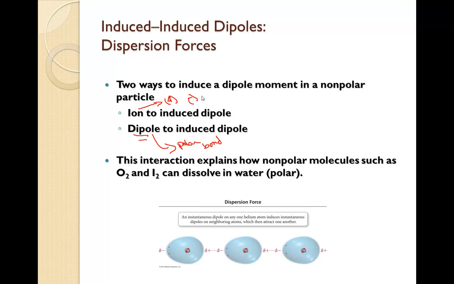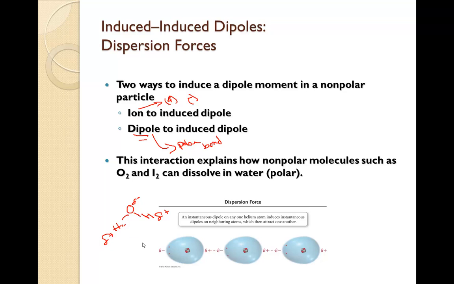This interaction explains how nonpolar molecules such as O2 and I2 can eventually dissolve in water. Because remember, water is a polar molecule. We have a partially negative here for the oxygen because it's more electronegative than the hydrogen, and then partially positive near the hydrogen of the water.